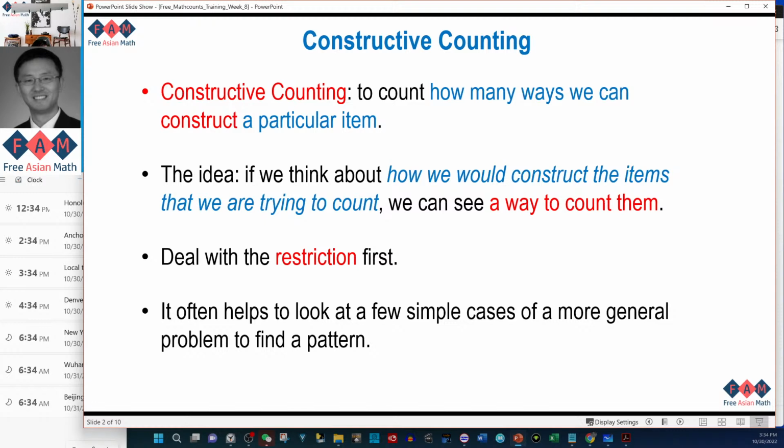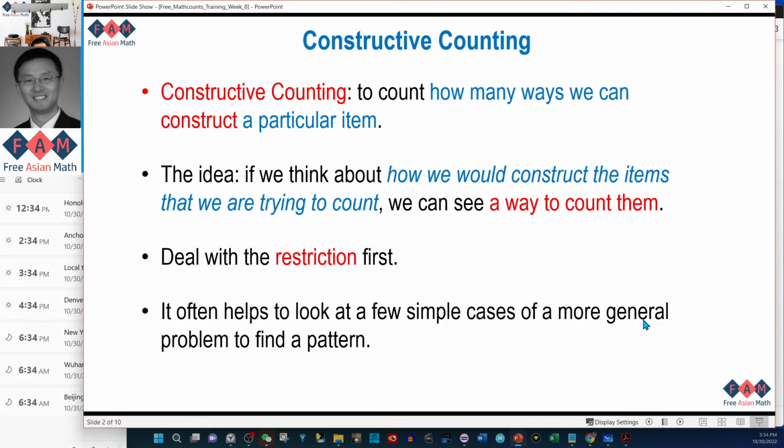And this is generally true. If the numbers are large and the problem too complicated, it would help if you consider some simpler cases with smaller numbers. Because the number is small, you can enumerate some cases, and hopefully from such an experiment, you can see the pattern or the strategy of how to count the larger numbers.